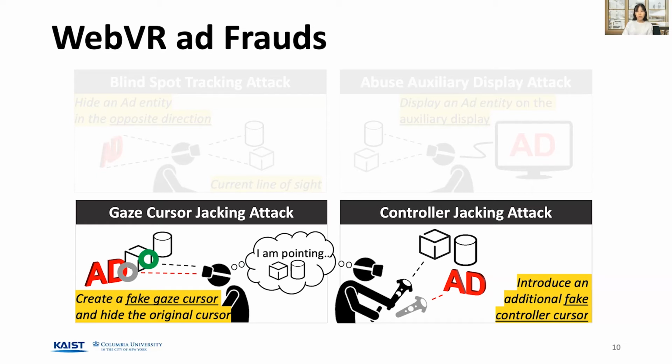He also deftly places an ad entity, making victims believe that they are staring at the object belonging to the publisher while simultaneously clicking on the ad. The controller cursor jacking attack works in a similar manner. Thus, both attacks are able to hijack authentic clicks that should be attributed to the first content.